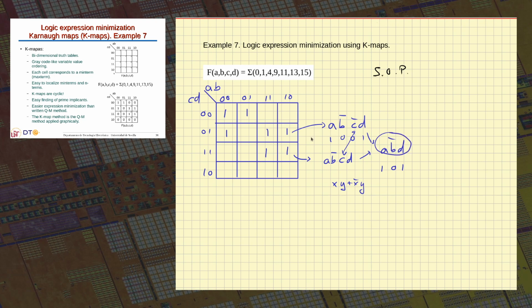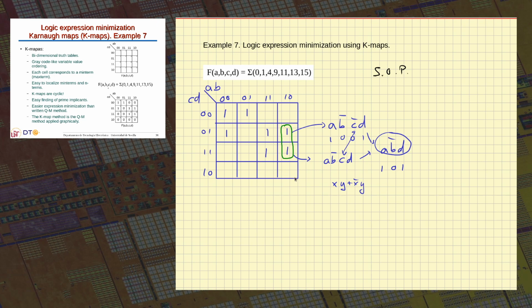If we pay attention to the map, this group of ones here corresponds exactly to this term, the term formed by adding together these two minterms, because this is all the places in the map which are 1 exactly when A is 1, B is 0, and D is 1, no matter what the value of C is.